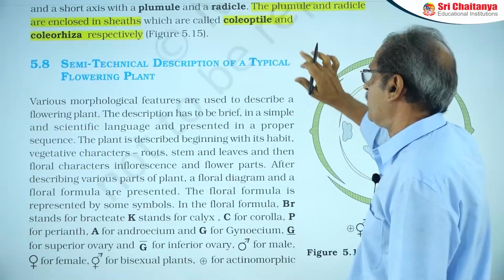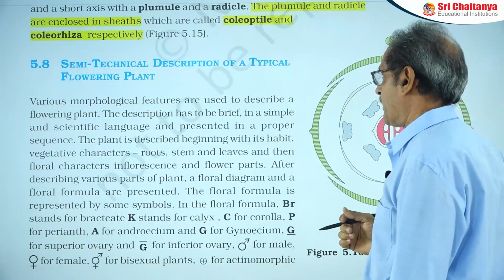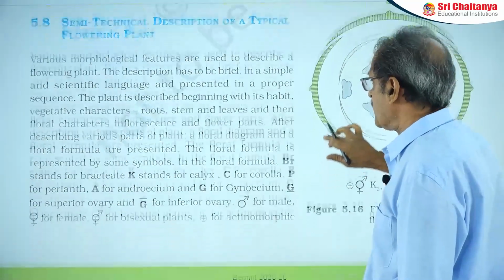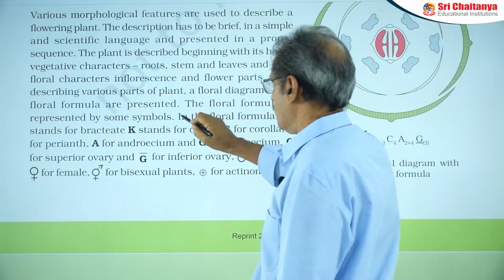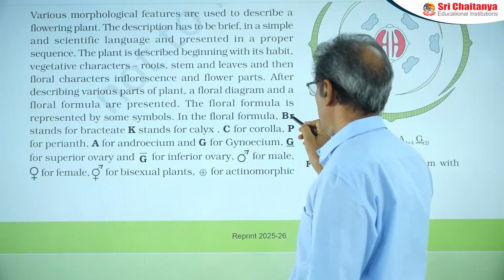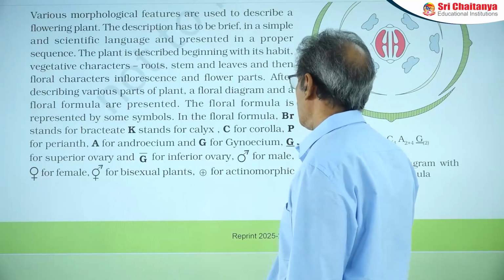With this, morphology is completed, and now comes taxonomy, the semi-technical description of a typical flowering plant. Here there is no need to underline, because you have to memorize each and every symbol, compulsory. For example, Br bracteate, Ebr ebracteate, Brl bracteolate.